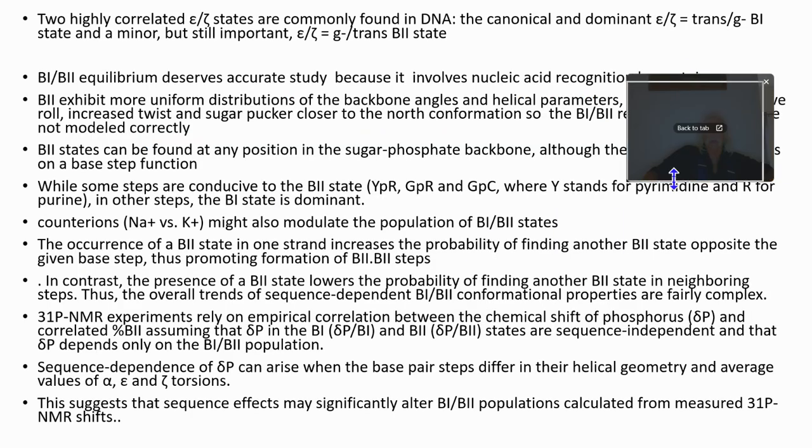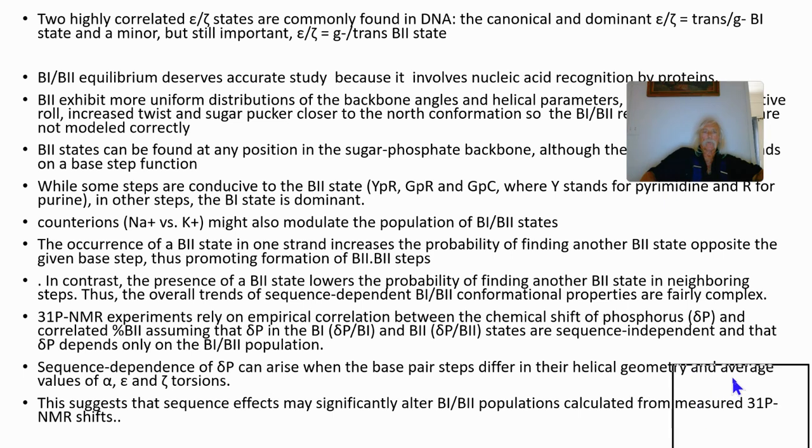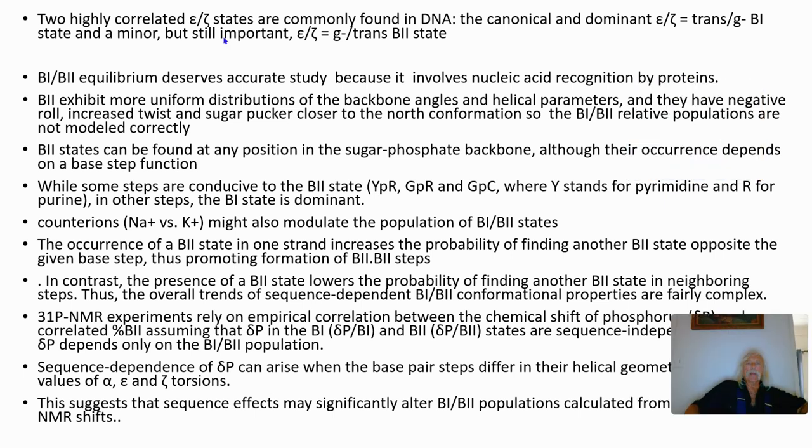All right. Now, back to these studies. Two highly correlated epsilon zeta torsion angle states commonly found in DNA. The canonical dominant, which is also known as the trans GB1, and a minor but significant G trans B2 state.